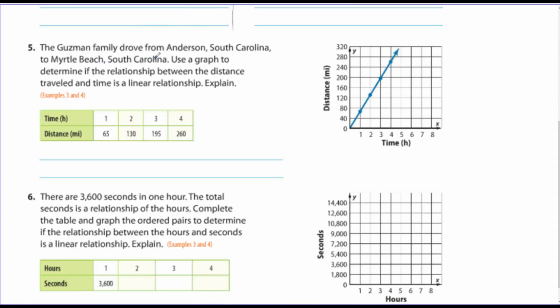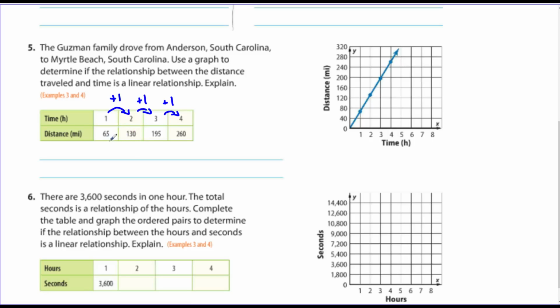Let's see, family drove from here to there. Use the graph to determine if the relationship between the distance traveled and time is linear, and then explain. So if we look, the line definitely appears to be straight. And if it's a straight line, then it has to be linear. But since we talked about rate of change, we can look at that. Our time is going up by 1 hour, and then one more, and one more.